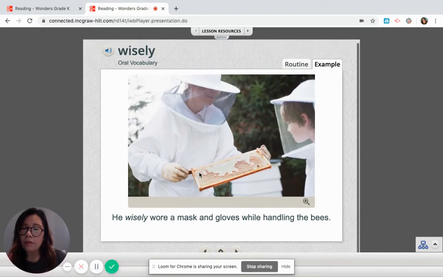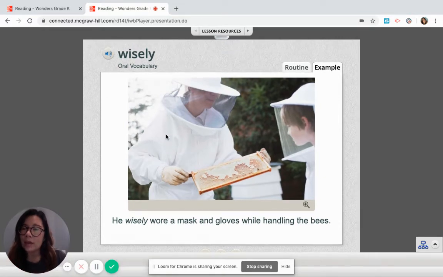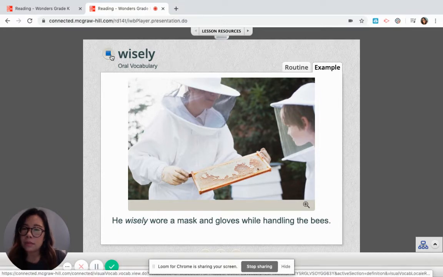All right, our fourth word today is wisely. Go ahead and say that, wisely. Wisely. He wisely wore a mask and gloves while handling the bees. Okay, so when you are being wisely, that means you're making a wise decision, and wise also means smart.